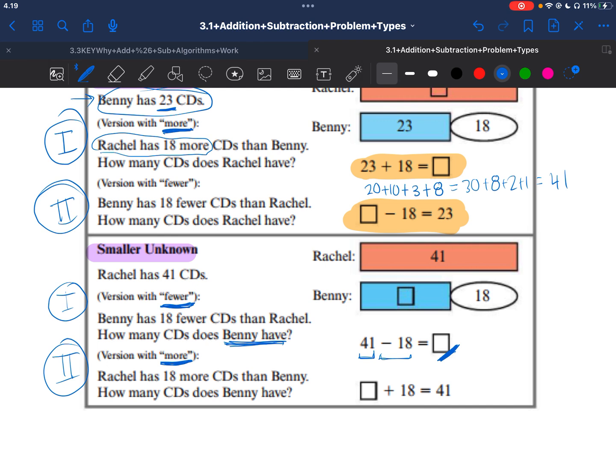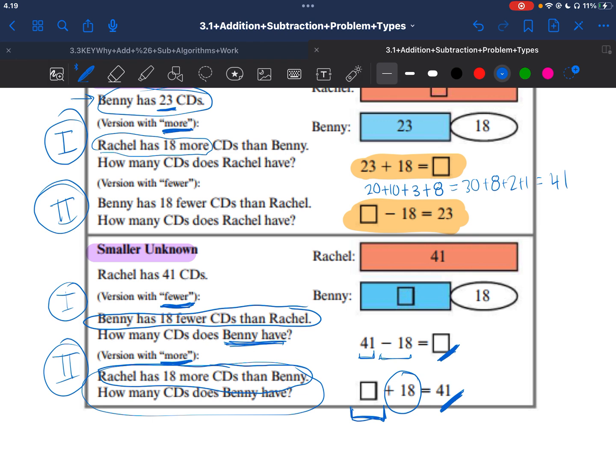Again, we know that from this wording, Rachel still has the bigger collection, right? We just need to know how many Benny has. What's given to us is still the same. In this way, Rachel has 18 more CDs than Benny. Do y'all see how these sentences that I'm circling are saying the same thing?